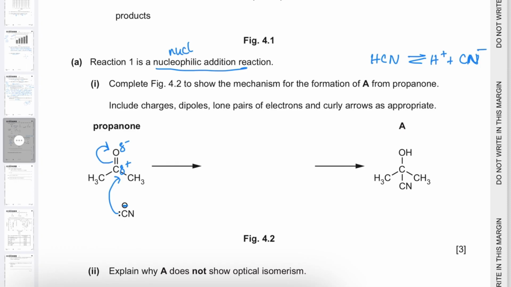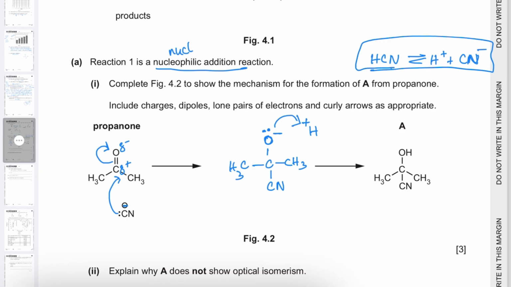This will result in a negative charge on the oxygen from an extra electron, and the partial positive charge on the carbon atom is now neutralized due to the nucleophile. Now the negative charge on the oxygen will be attracted to the positive proton which had dissociated from the acid earlier, and this will result in the product formation.